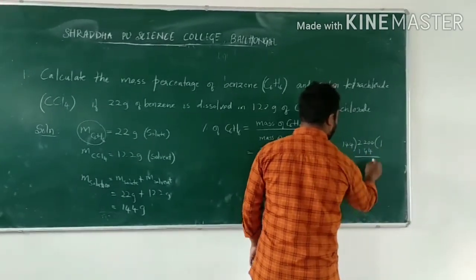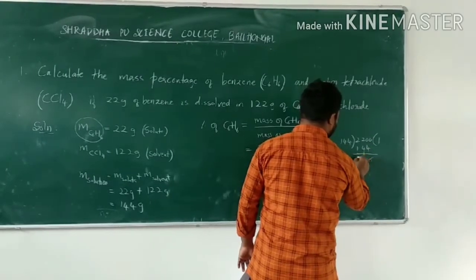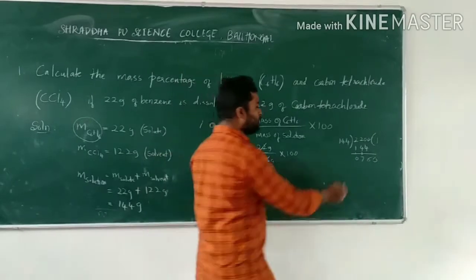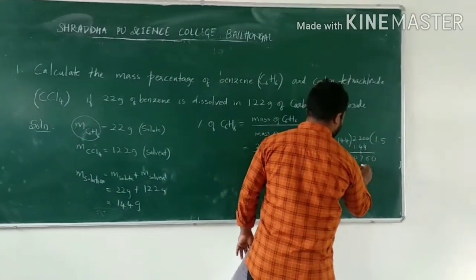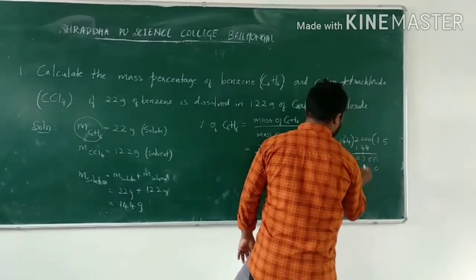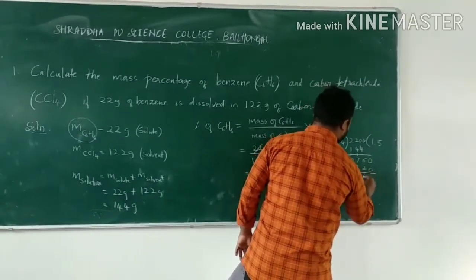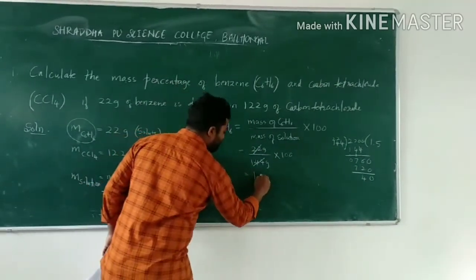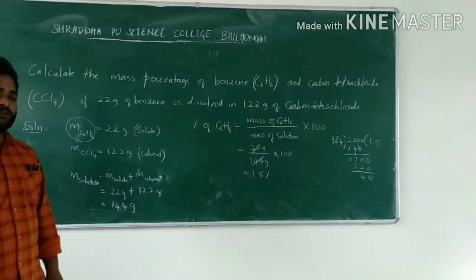So you are going to be left with the remainder and keep dividing, and the mass percentage becomes 1.5%. So this is how you have to do it.